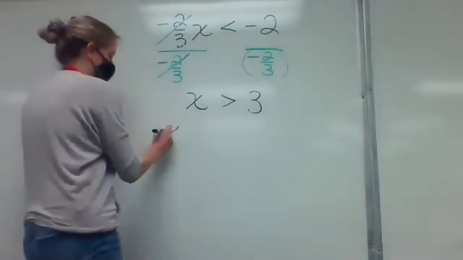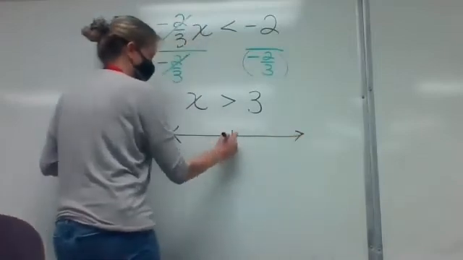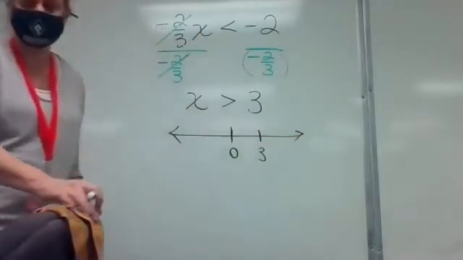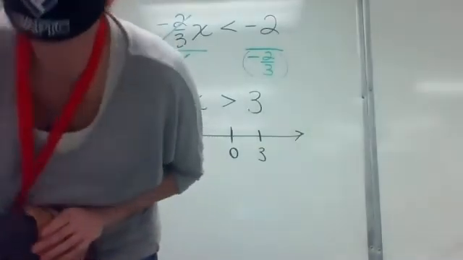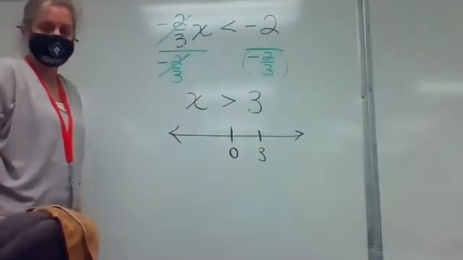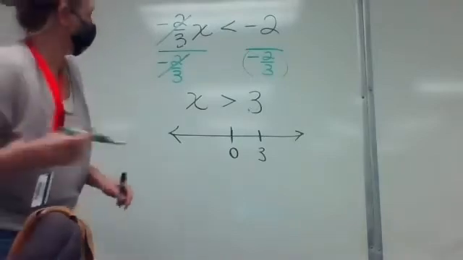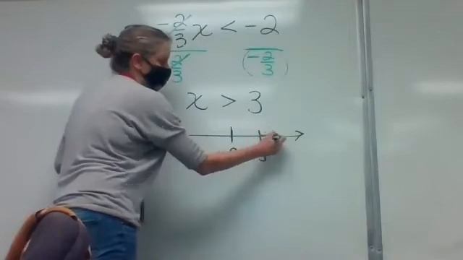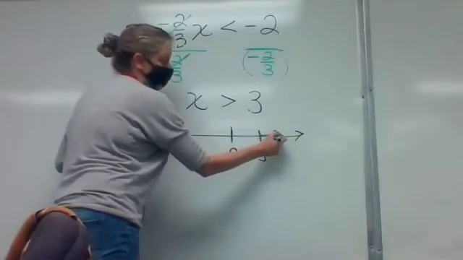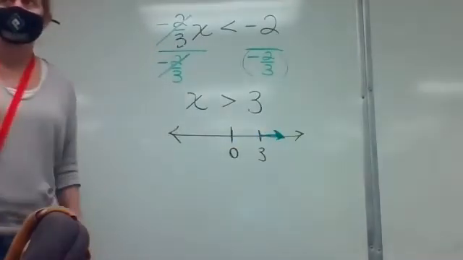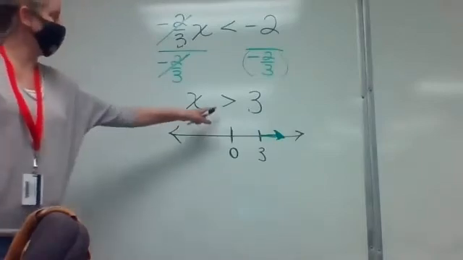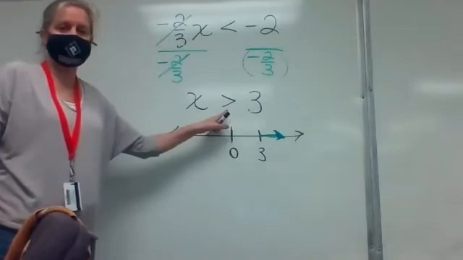Put that on your number line. There's 0. There's your 3. Draw your arrow the same way this symbol is pointing, which means my arrow needs to go to the right. And then you're just deciding whether or not this 3 needs a bracket or a parenthesis.